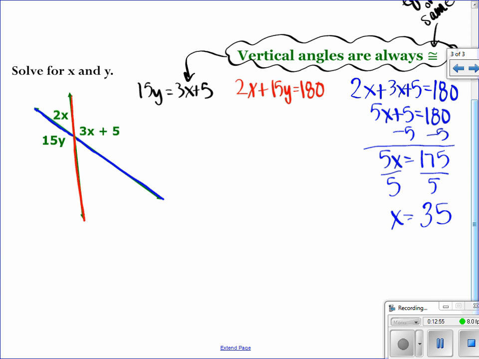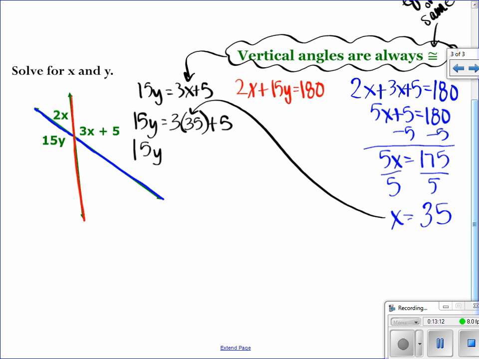We're going to put that right there. So we simplify this. Remember, we found this x right here. So if you want to draw an arrow to there, that's where we're getting the 35 from. 110, no, 105. That's a lot of numbers.